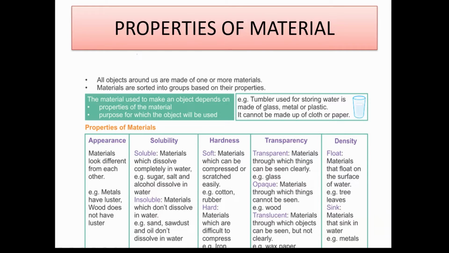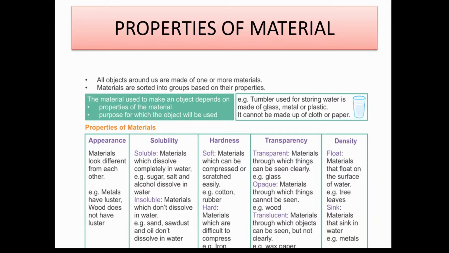Based on the hardness, materials that can be compressed are called soft material and the ones that cannot be compressed are called hard materials. We had also learned texture. The materials that are smooth, without bumps and ridges, and the rough materials are the ones which are not smooth and they have bumps and ridges.